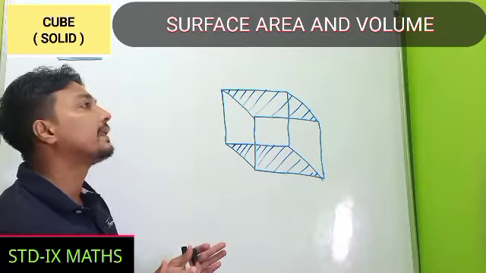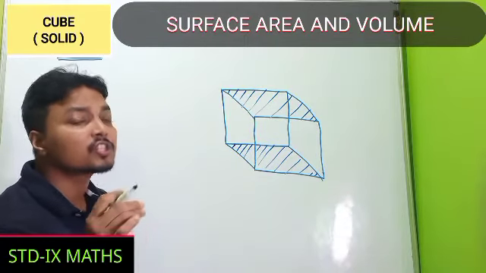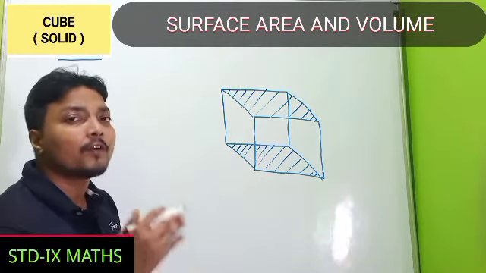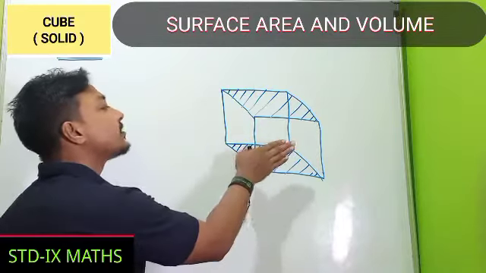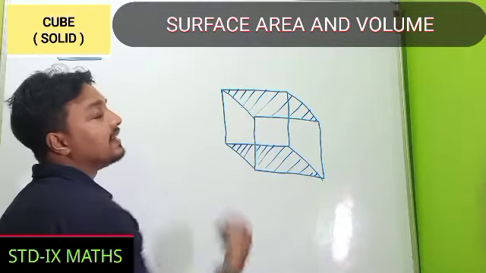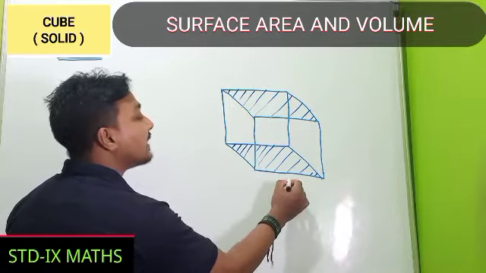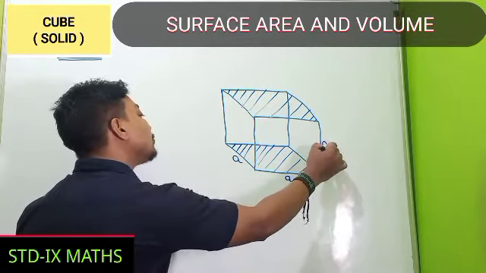Once again, the lateral surface area of the cube is the sum of the areas of the 4 faces around the cube: front face, back face, left face and right face. Remember, as it is a cube, its length is a, breadth is also a, and height is also a.